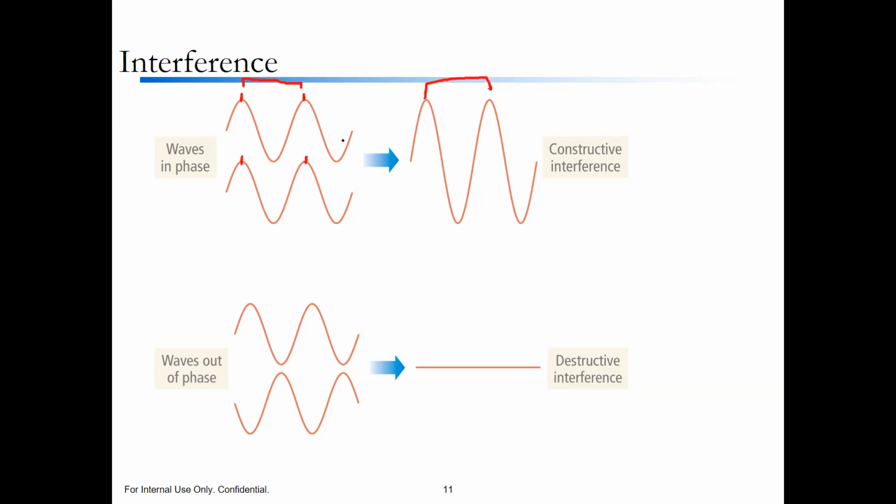These two waves could add and make a bigger wave, but with the same wavelength. Same wavelength, but the magnitude could be much higher. So a stronger signal, but the same wavelength. So that's called constructive interference.